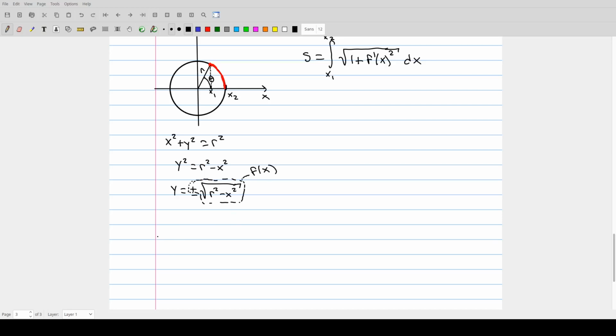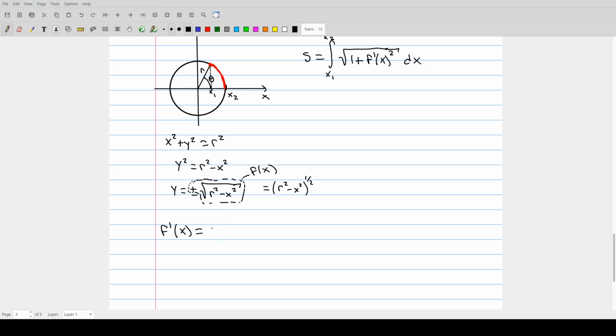We don't have f of x in the formula, we have f prime of x. So what we need to do is take the derivative of this function with respect to x, and that's going to require the chain rule, because remember, f of x here is equal to r squared minus x squared to the 1/2.